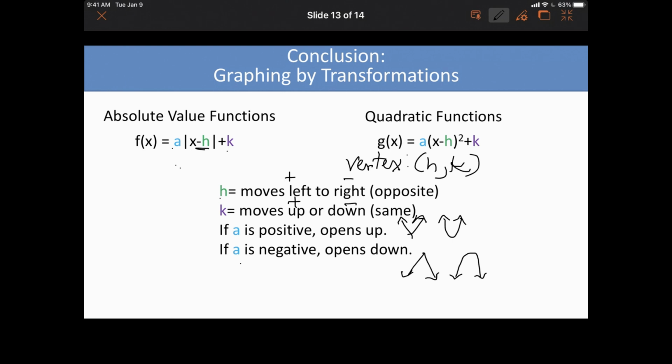We call it down frown. And these are the different transformations. Now, if you know these transformations, A, H, and K, this will help you with all the different functions.